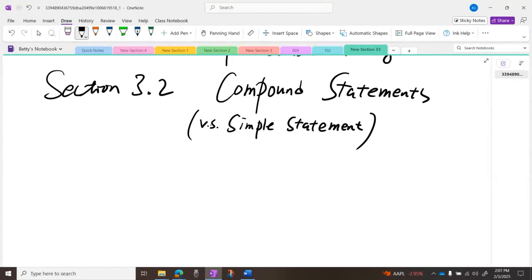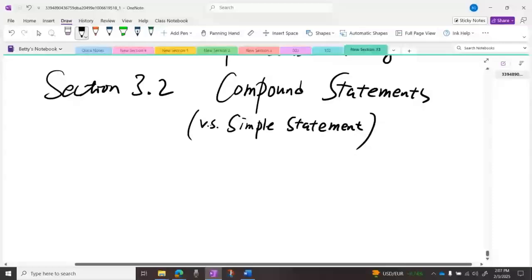A simple statement is a statement that states a simple idea. It gives a fact or a lie, which is a simple idea. So that is a simple statement. If a statement includes two or more simple statements and also logic connectives to connect those statements, we call the statement a compound statement.